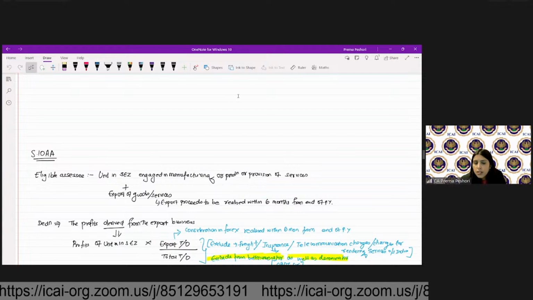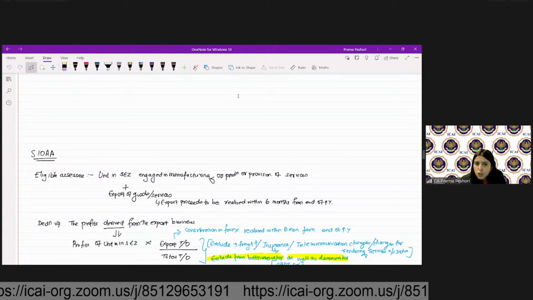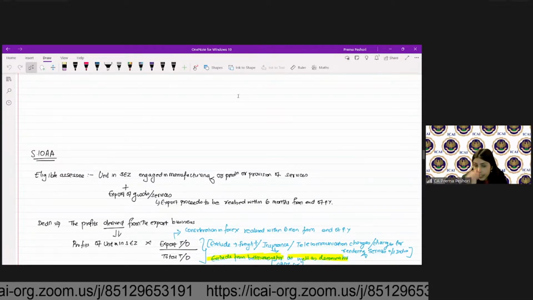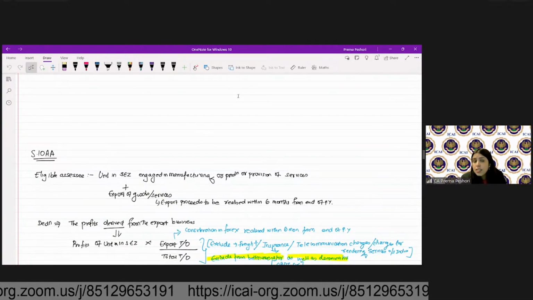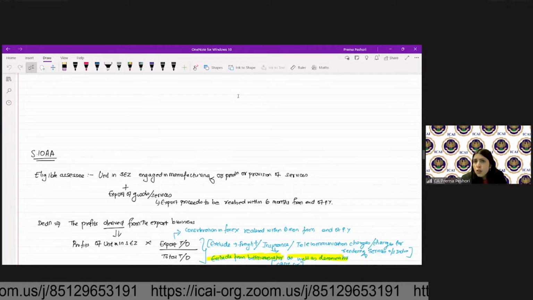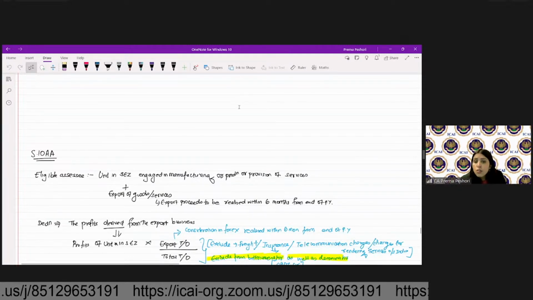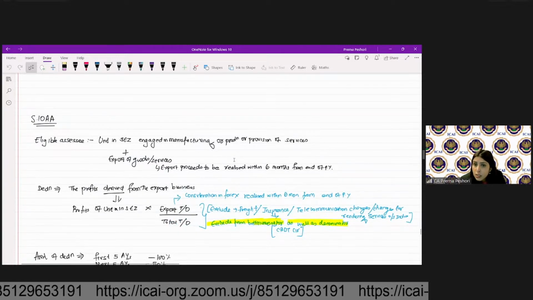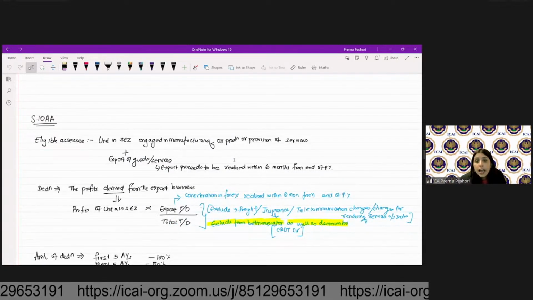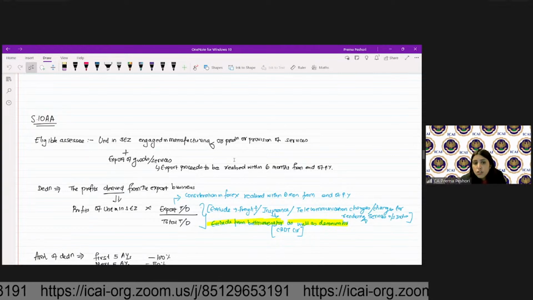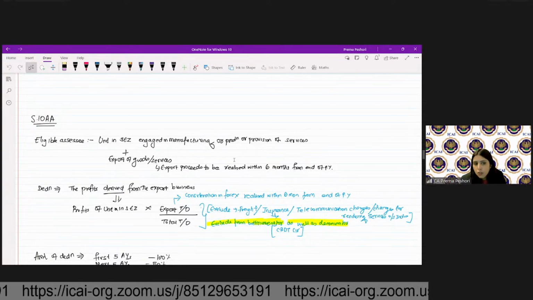So profits of unit in SEZ into export turnover divided by the total turnover. The consideration in foreign exchange which is realized within 6 months is only considered as the export turnover. Now both export turnover and total turnover should include the freight, insurance, telecommunication charges, charges for rendering the services outside India, and should exclude the freight, insurance and telecommunication charges, both in the numerator and the denominator.